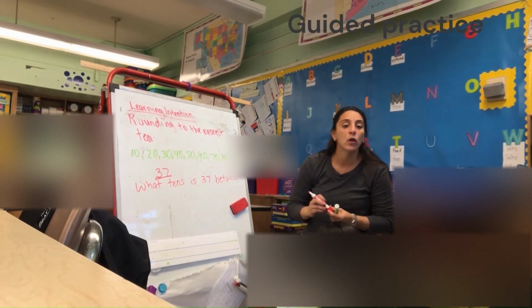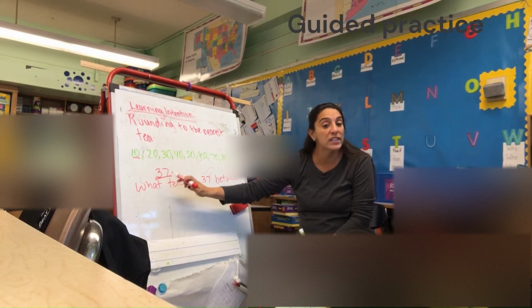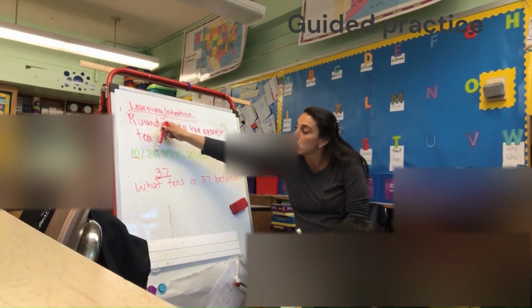Let's do it. We'll figure it out. Ready? 1, 2, 3, 4, 5, 6, 7, 8, 9, 10. Now I'm here. We're looking for 37. So did I say 37 yet? No. I'm up to 10. Now I'm in between. 11, 12, 13, 14, 15, 16, 17, 18, 19, 20.